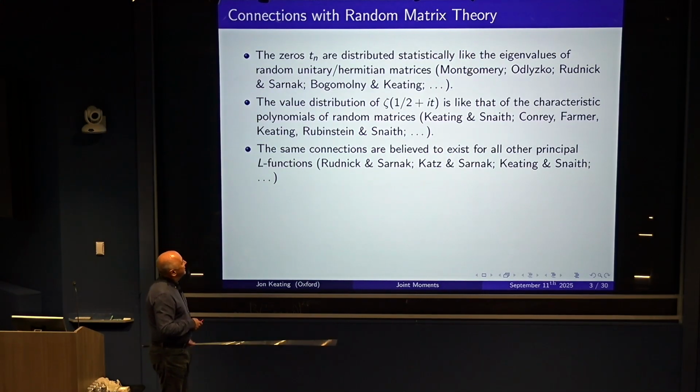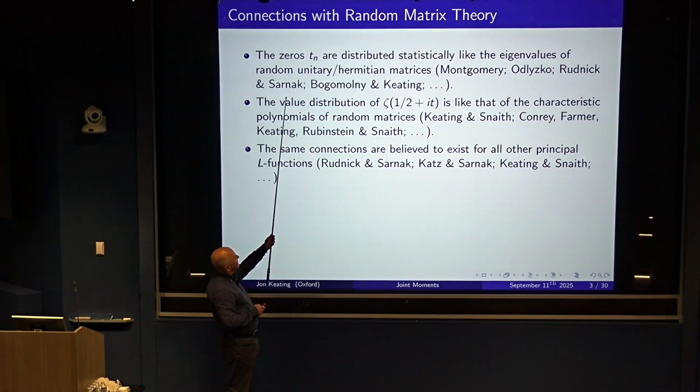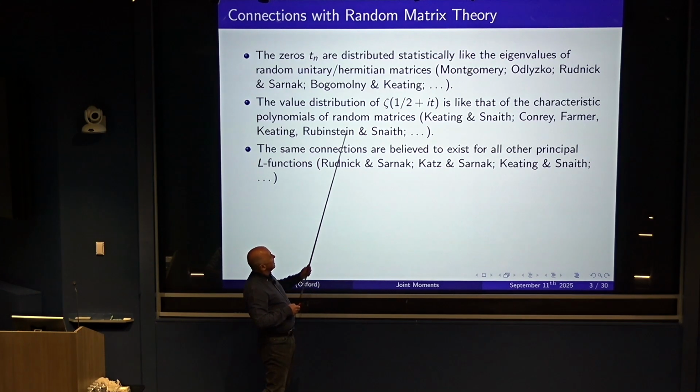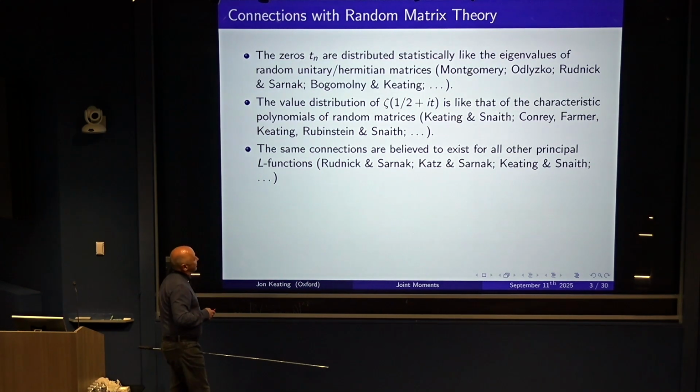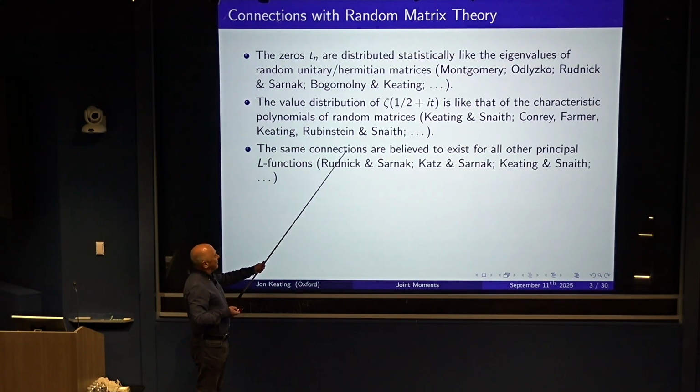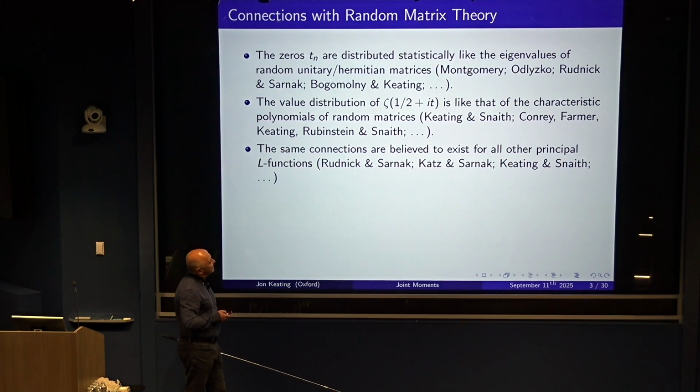And this story connects the zeros of the zeta function to eigenvalues of random matrices, and the value distribution of the zeta function on the critical line to the characteristic polynomial of random unitary matrices. This extends in ways that are now very well, at least very well sketched out. I don't think we have a complete understanding, but we have quite a sophisticated understanding by now.